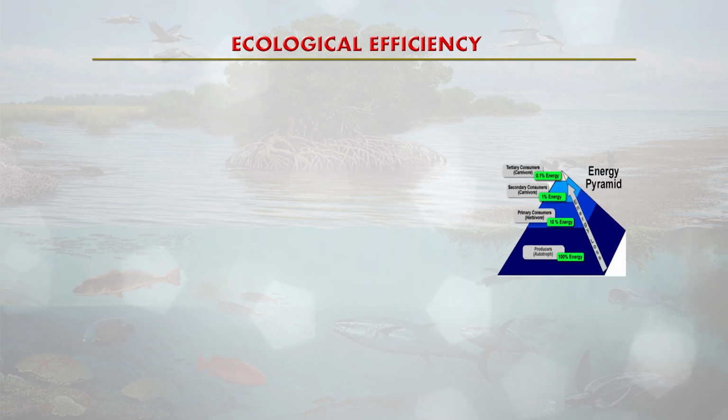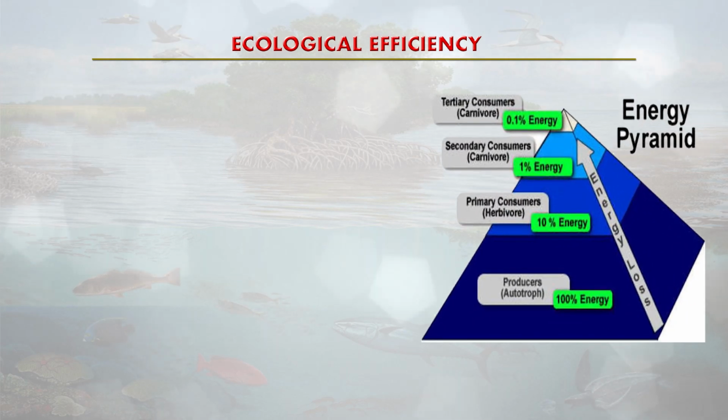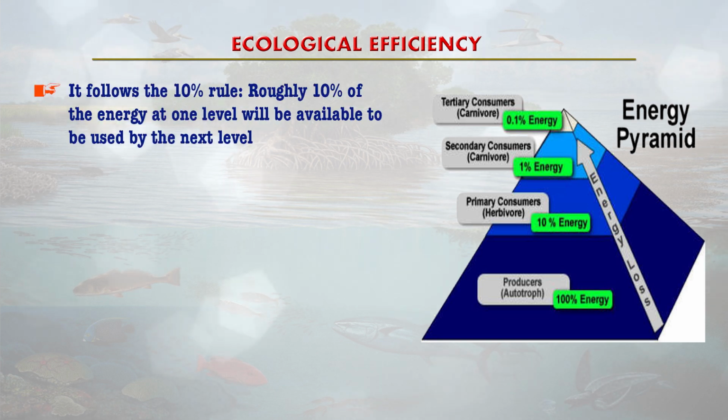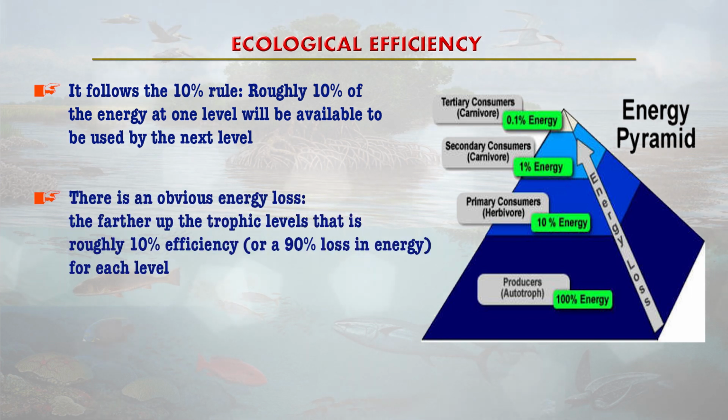What ecological efficiency is, is depicted in this energy pyramid. It follows a 10% rule. Roughly 10% of the energy at one level will be available to be used by the next level, and there is an obvious energy loss.